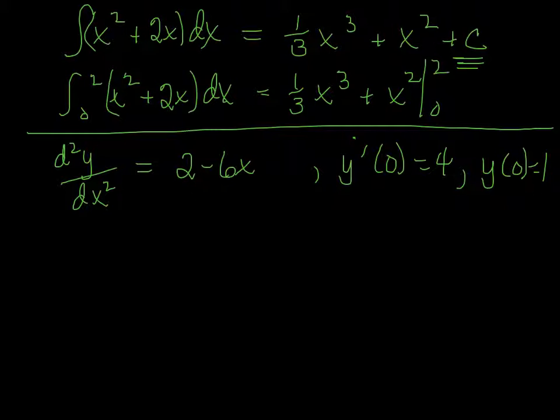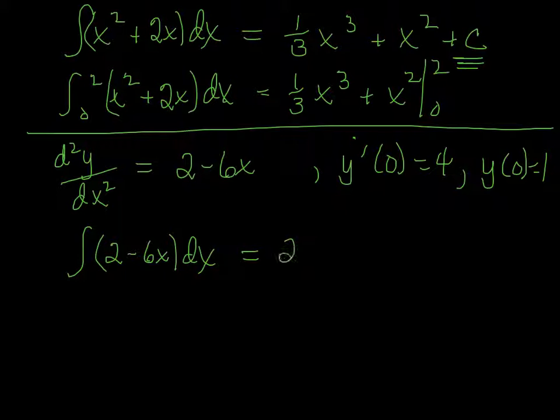All right, so obviously if you have an equation of the second derivative, and then we have conditions involving the first derivative and the original function, then obviously we need to integrate here. So if we start by integrating the 2 minus 6x, we're just going to do this the way we were doing last week.